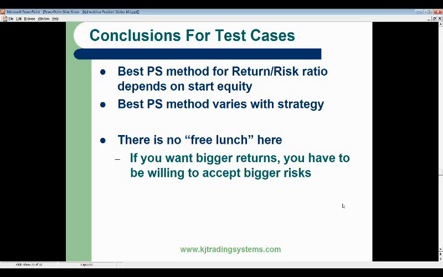And there's no free lunch, and that's important to know, at least with the cases I'm looking at. Basically what it's saying is if you want bigger returns, you have to be willing to accept bigger risks. Okay, so that's an important one to know.